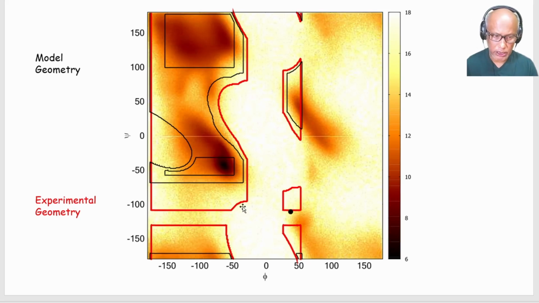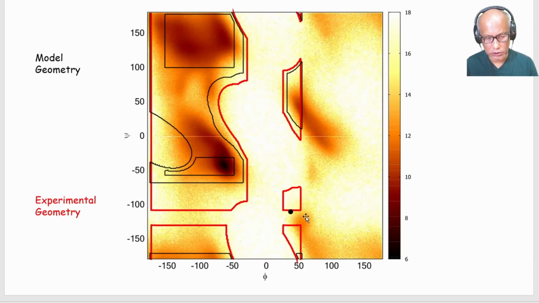So this might make an allowed region disallowed, and a disallowed region can be made allowed. Therefore, barring errors of structure determination and all that, the few cases that we find often refer to strains or distortion in the peptide geometry found in the experimental structures.